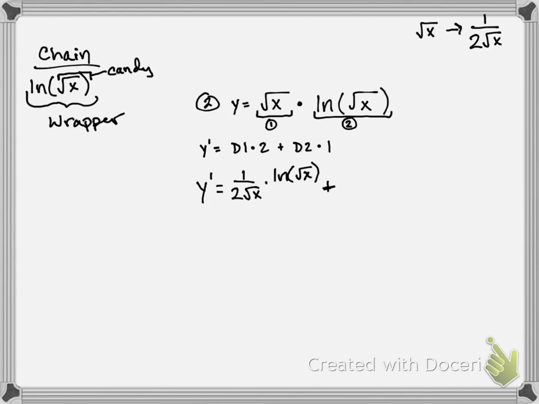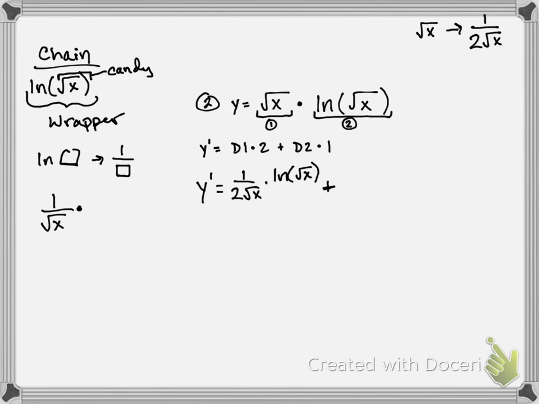So if we apply the chain rule to this, for ln of whatever, isn't the derivative of ln 1 over whatever that stuff is? So this derivative starts out as 1 over square root of x times the derivative of the inside.